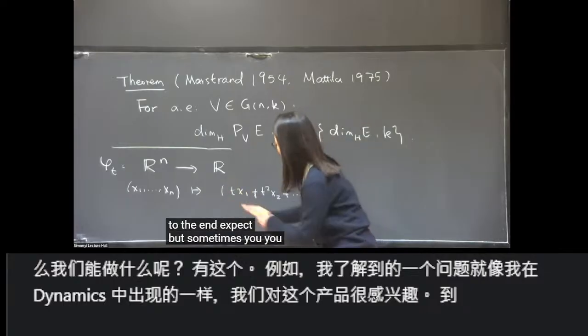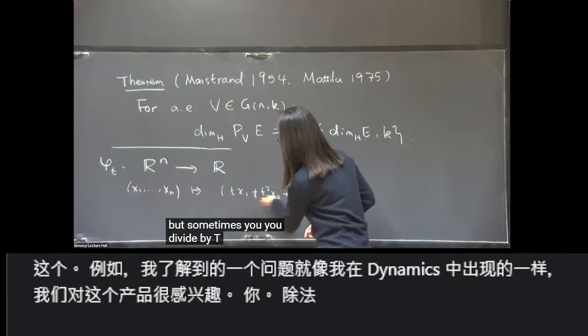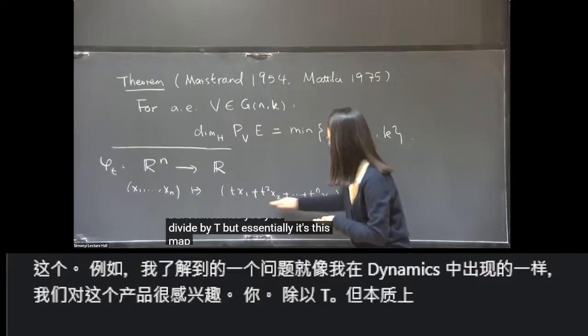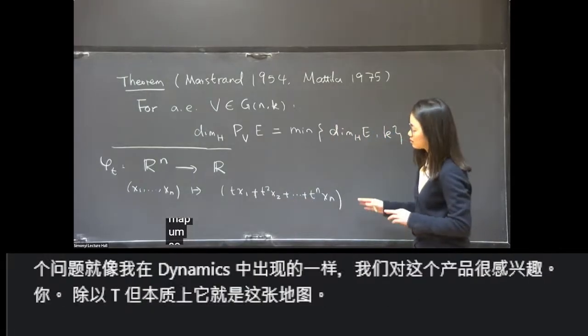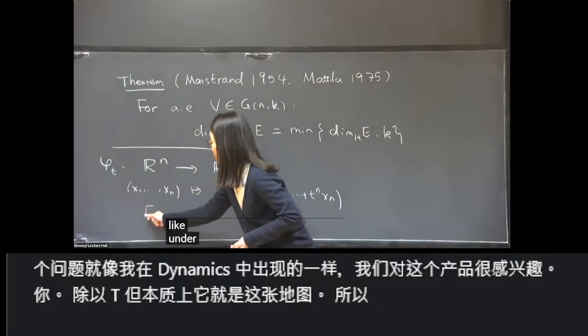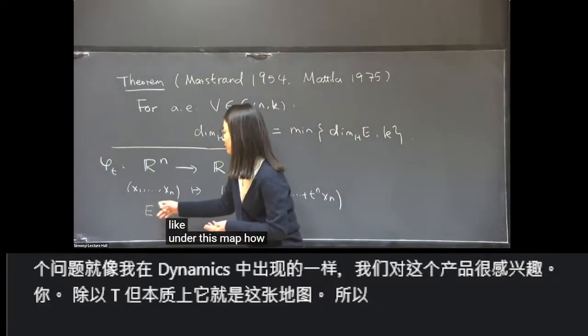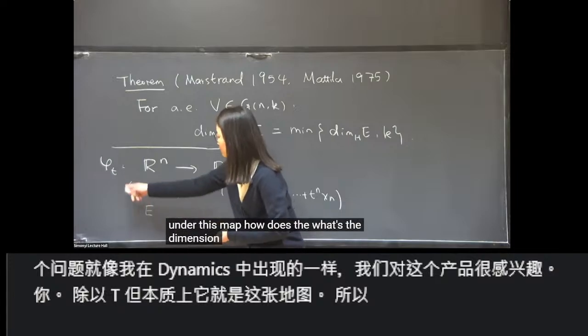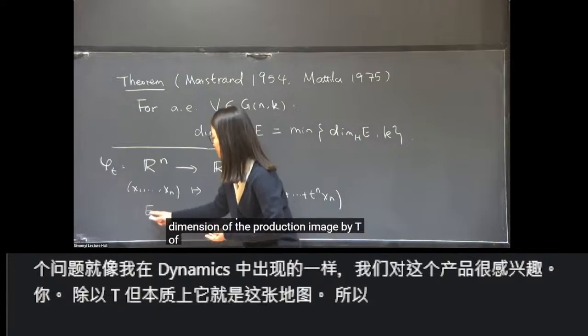Sometimes you divide by t, but essentially it's this map. One is interested in knowing what's the dimension of the projection image by pi_t of E.